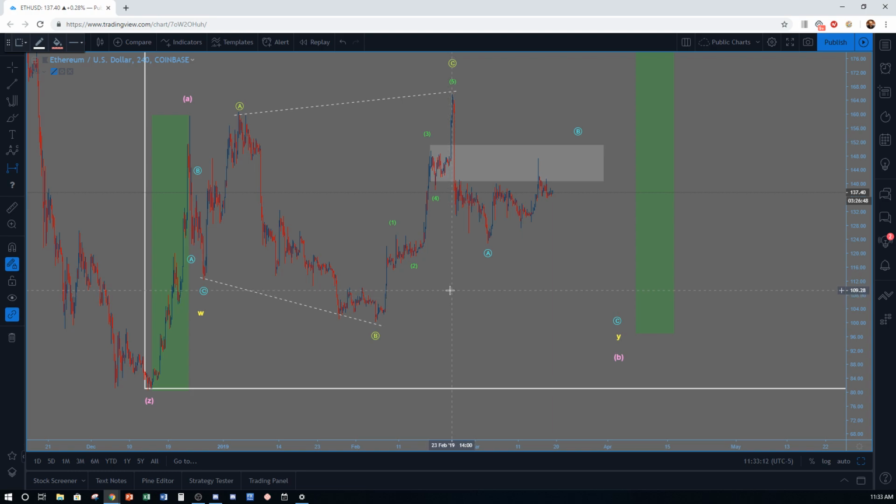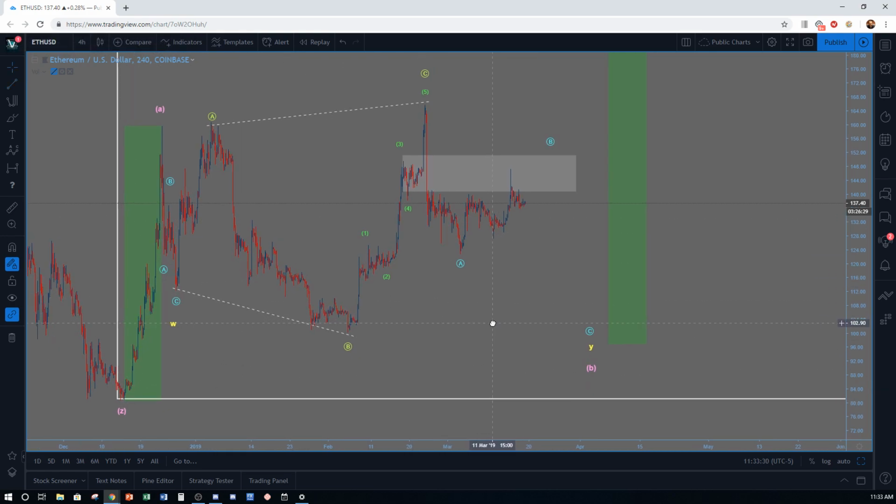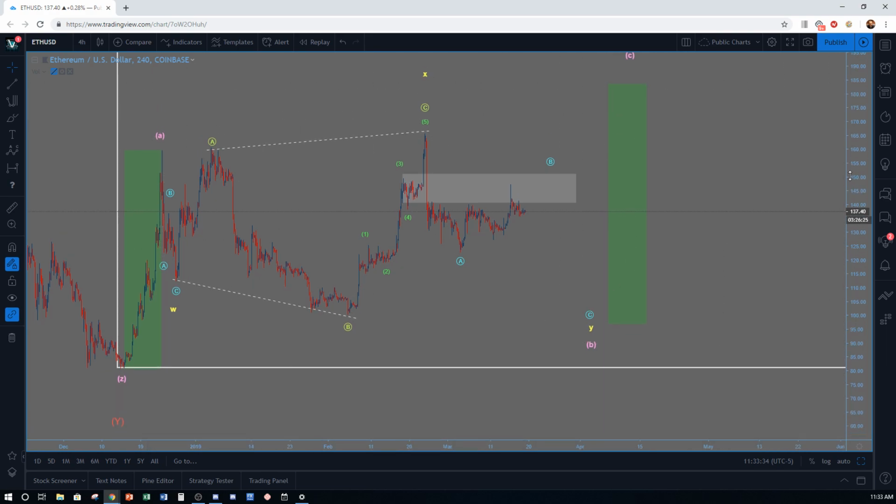We have this massive move down that took 8 days, and then our sideways after it is taking 11 days. So I believe this remains corrective to this move, and I'm looking for a move down to match this, giving us a large A, B, and then we're looking for the C.